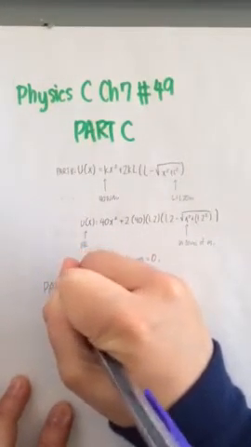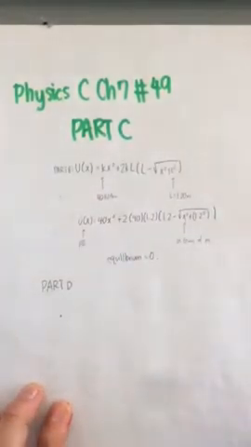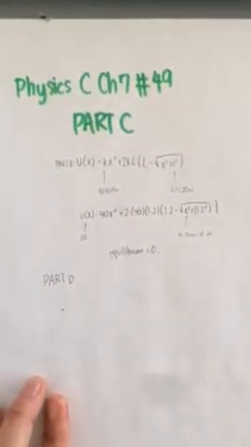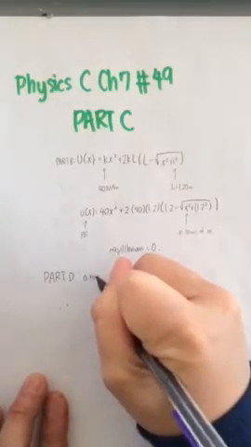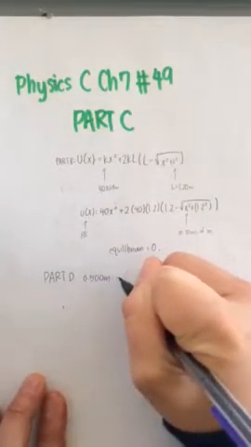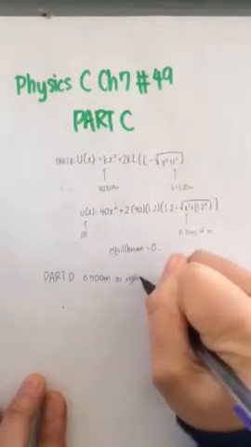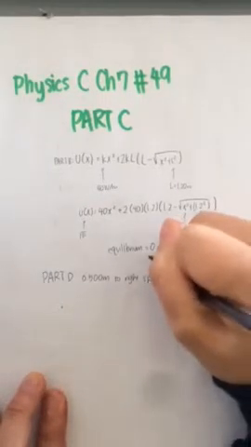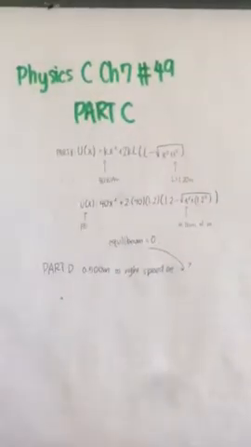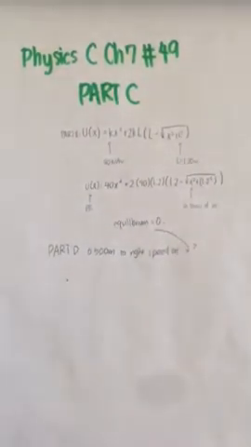Alright, now on to our last part, part D. This is also pretty short. The question is asking us to find the speed at equilibrium when it's 0.500 meters to the right. This is going to be the conservation of energy.